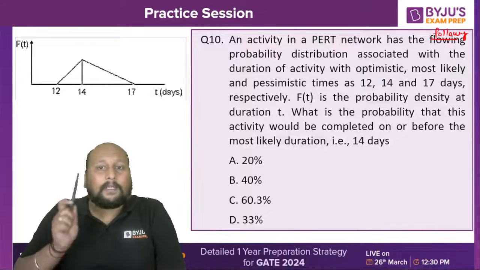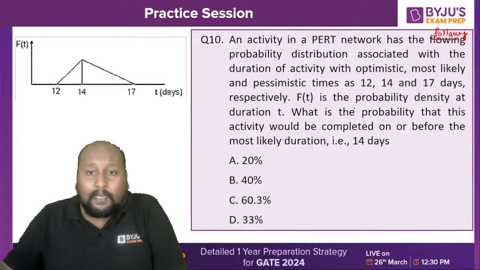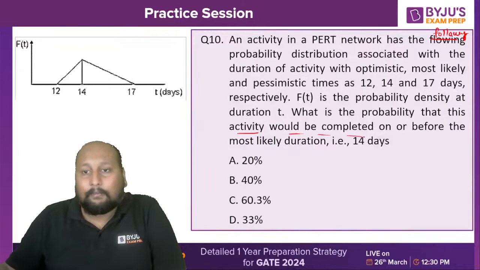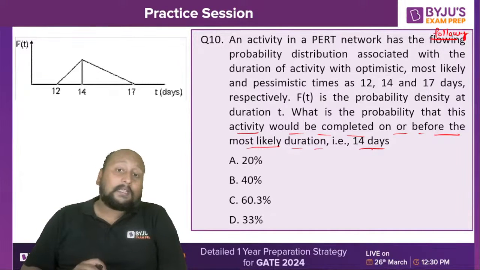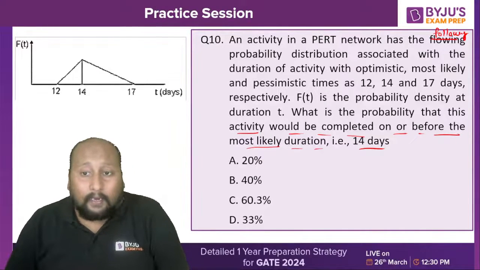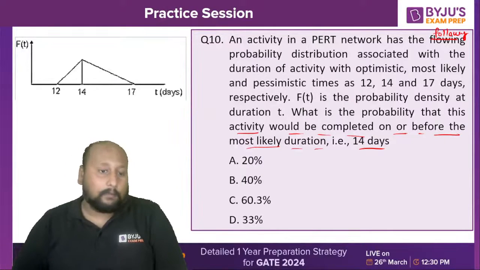Ft is the probability distribution at duration t. What is the probability that this activity would be completed on or before the most likely duration, that is 14 days?